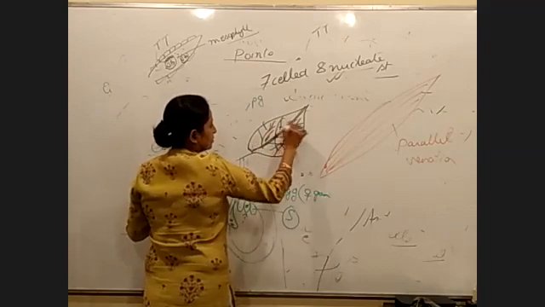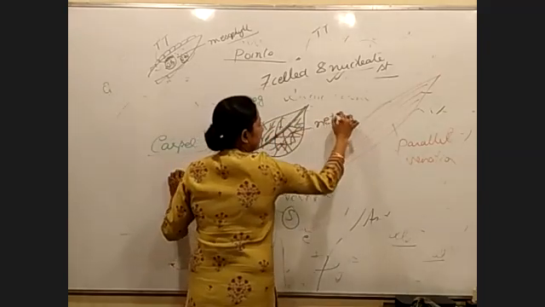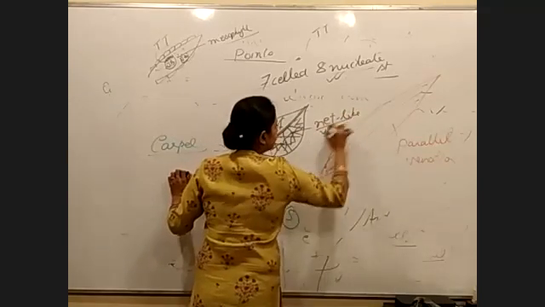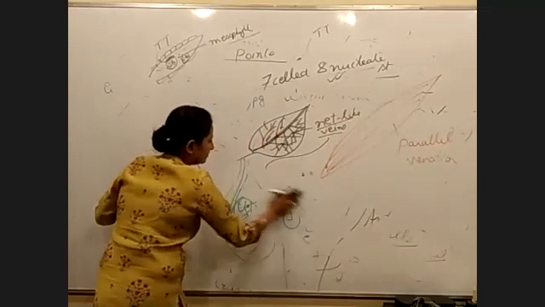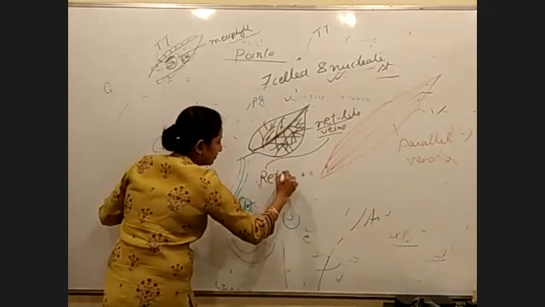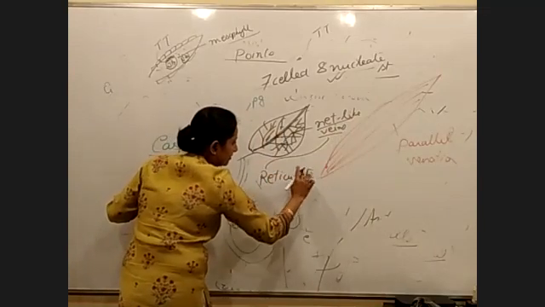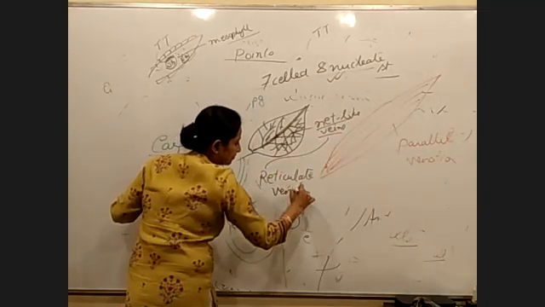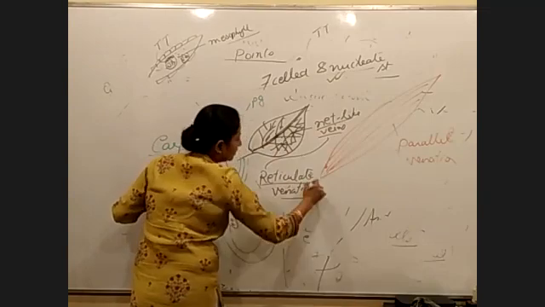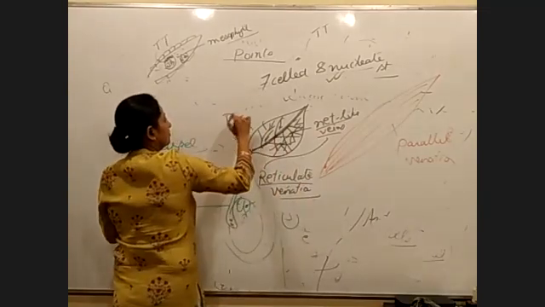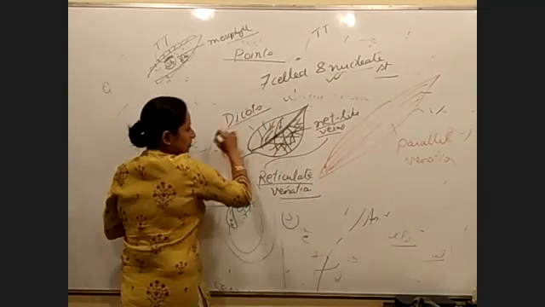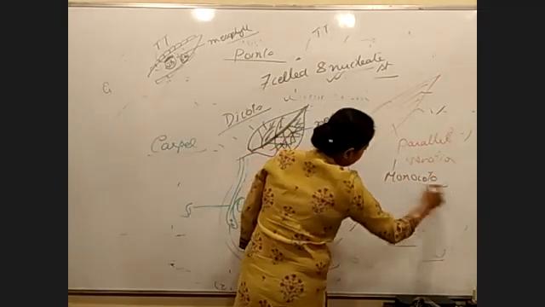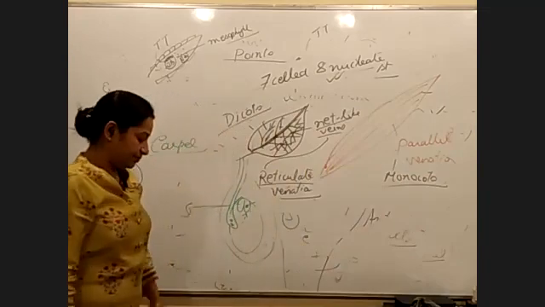So this net-like venation is called reticulate. Reticulate means net-like venation. This is a characteristic of dicots, and this is a characteristic of monocots. Is it clear now? Yes, ma'am.